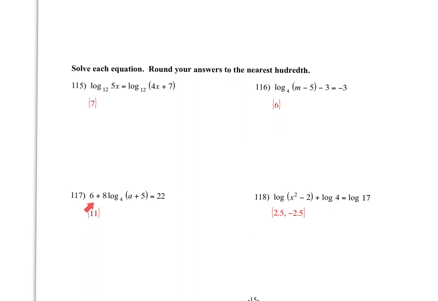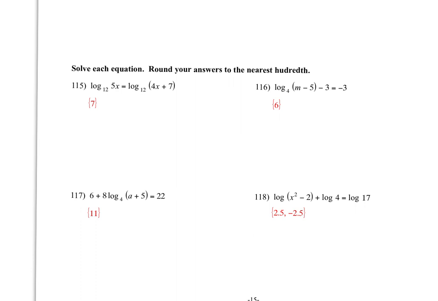Get the log by itself, subtract your 6, divide by 8, and then take both powers with a base of 4. The 4 on this side is going to get rid of the log. Over here, you're going to have 4 to the second power, I think. So you're going to have 16 on this side. And then you're just going to solve a plus 5 equals 16, right? A equals 11. So you're using all that stuff before to get rid of it, all right?